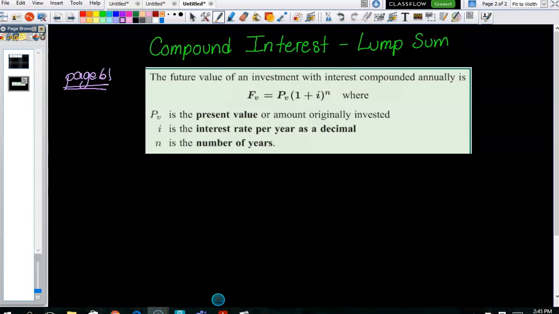Compound interest, that is the bit where you earn interest on top of interest. So if you have got money, you're investing money at the end of the first year.